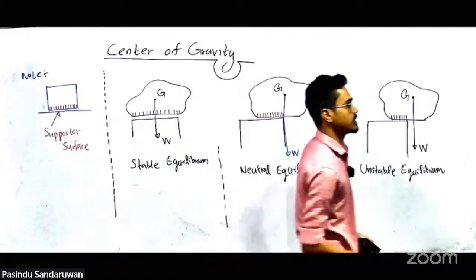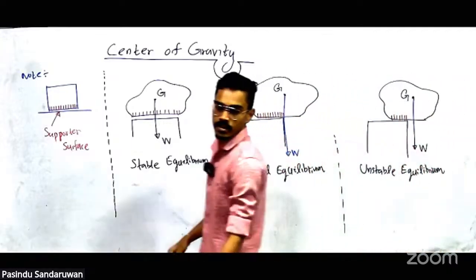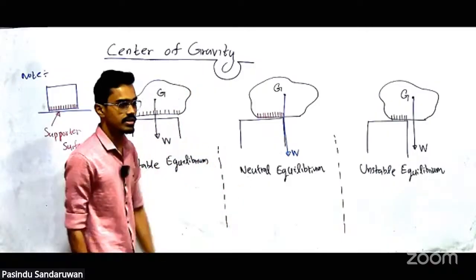So based on the position of the center of gravity, the equilibrium changes. And those three equilibriums are stable, neutral, and unstable. If you need to keep something in equilibrium, you have to stick to either stable or neutral equilibrium.